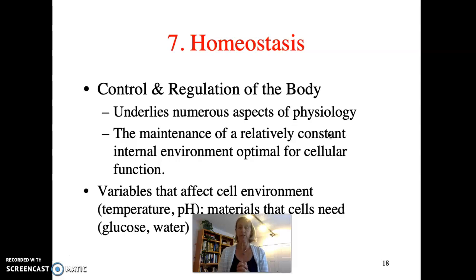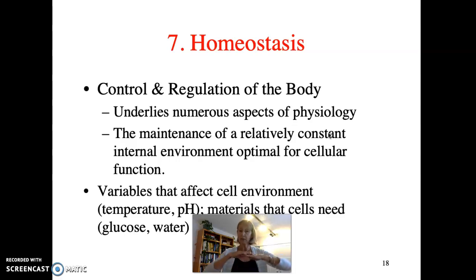What other examples can I give you? Hormone levels, glucose levels in your blood. It can't go skyrocketing and go back down again. You have to maintain this relatively constant internal environment.